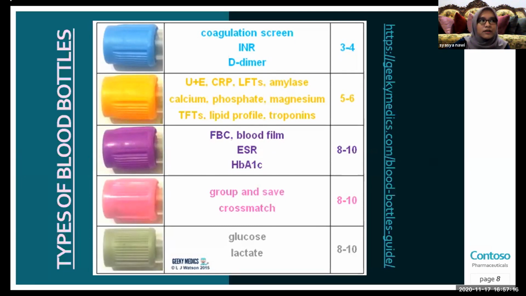The yellow one is called serum separating tubes. The yellow one can be used in many investigations. And also we have many other colors. Okay, the links that are prepared on the right side, you can click on it to have more details about the blood bottles.